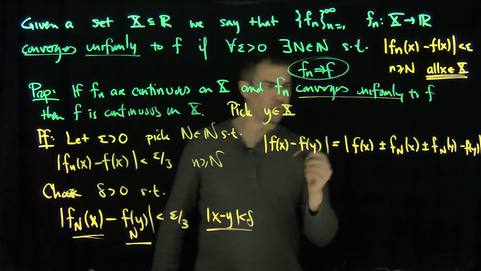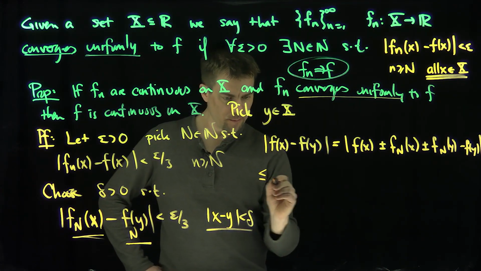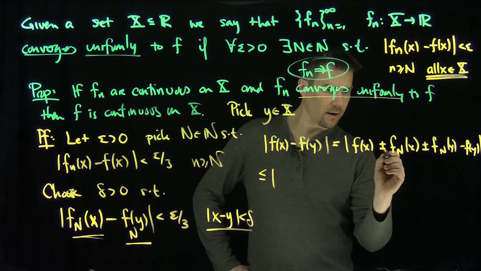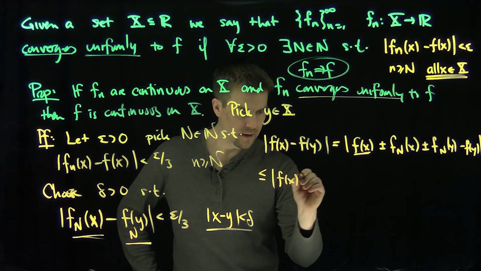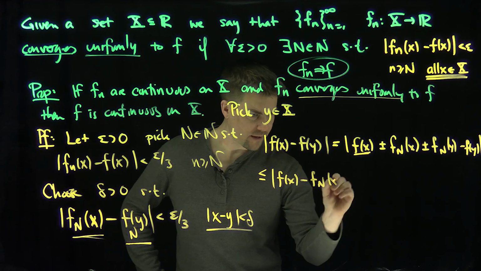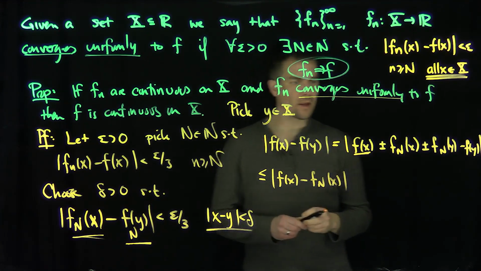So I'm going to break this into parts now. One part is f(x) minus F_N(x). That's one term I'm going to get.